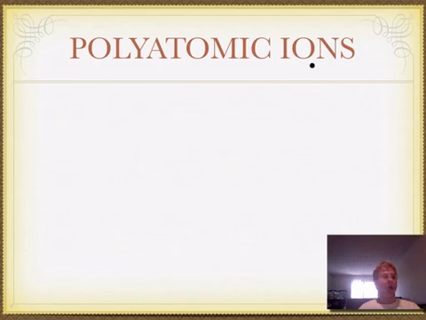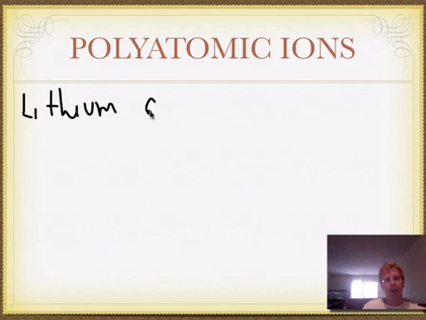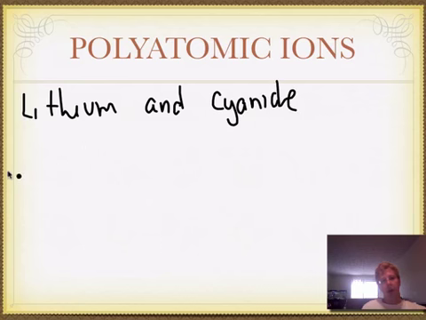So for example, for a polyatomic ion here, if I give you lithium and cyanide, we know that lithium has a +1 charge and cyanide has a -1 charge.